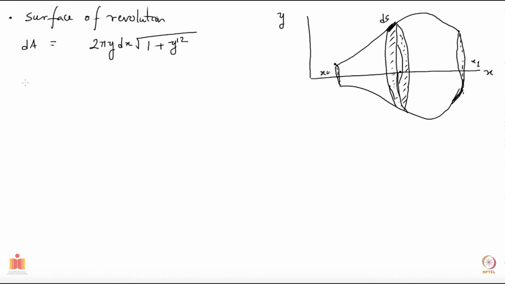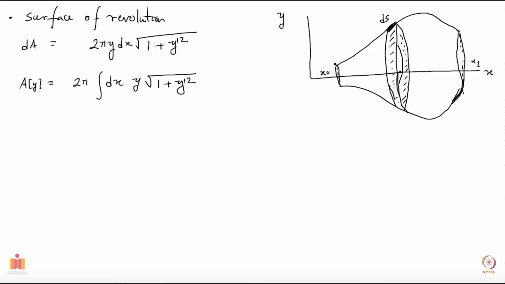So if I want to know the area of this surface of revolution, it will be 2 pi times the integral dx y square root of 1 plus y prime square. And to emphasize that this is a functional, I write here A of y.